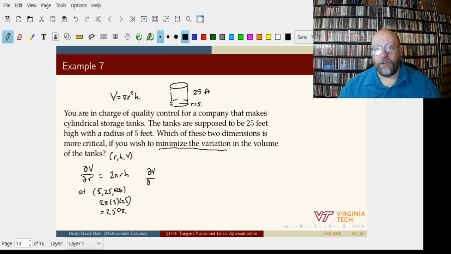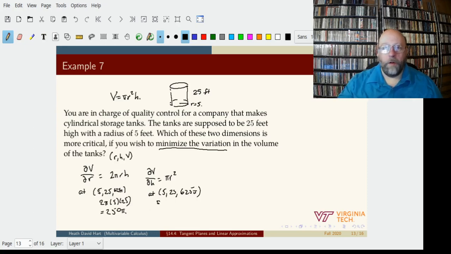The change in volume with respect to height is the derivative of pi r squared h with respect to height, which is pi r squared times 1. And again, at 5 and 25 and 625 pi, we get pi times 5 squared, which is only 25 pi.